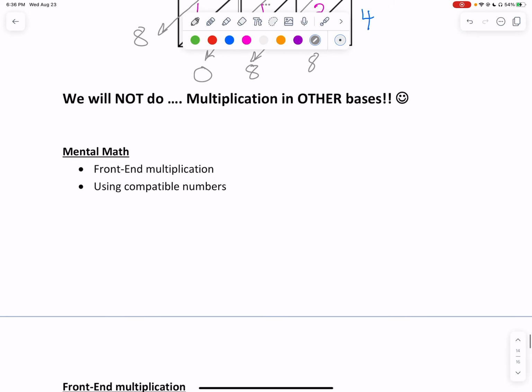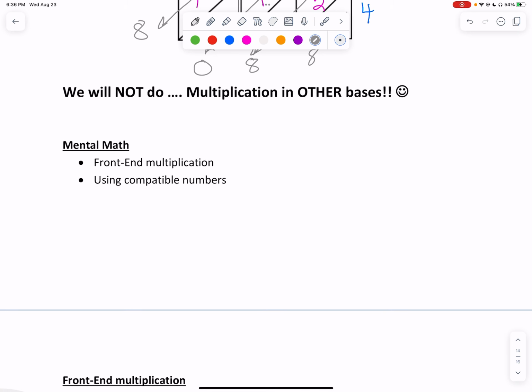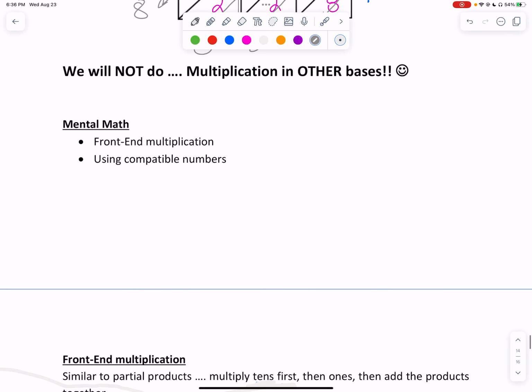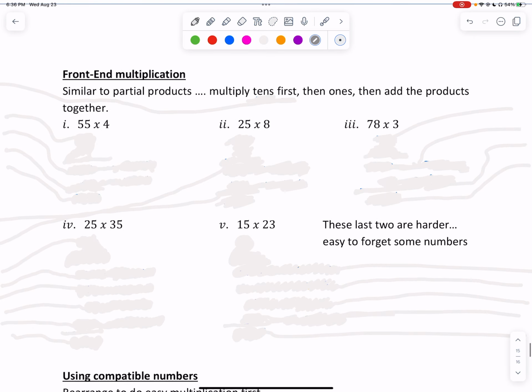We're going to talk about mental math, so that we can multiply in our head. Okay, so for mental math, we're going to do front end multiplication, which is like your place value, and then we're going to use compatible numbers. Front end multiplication is similar to place value or partial products.